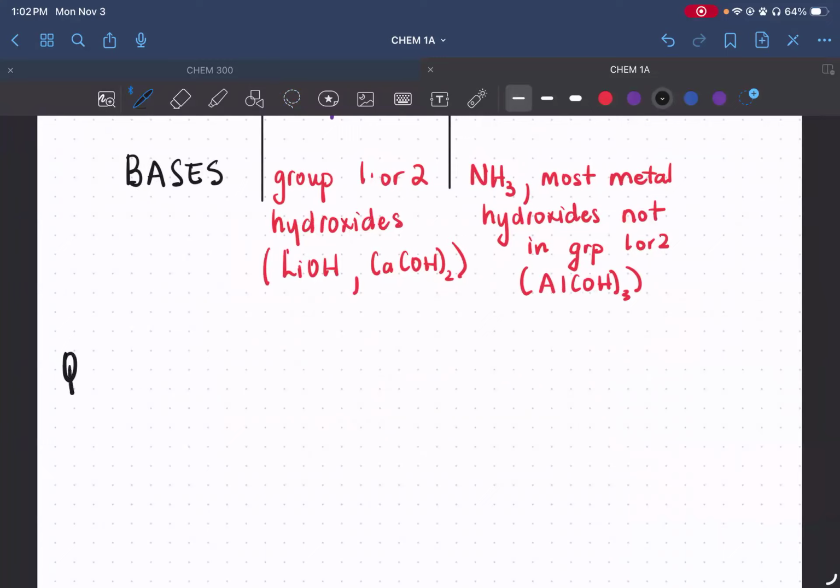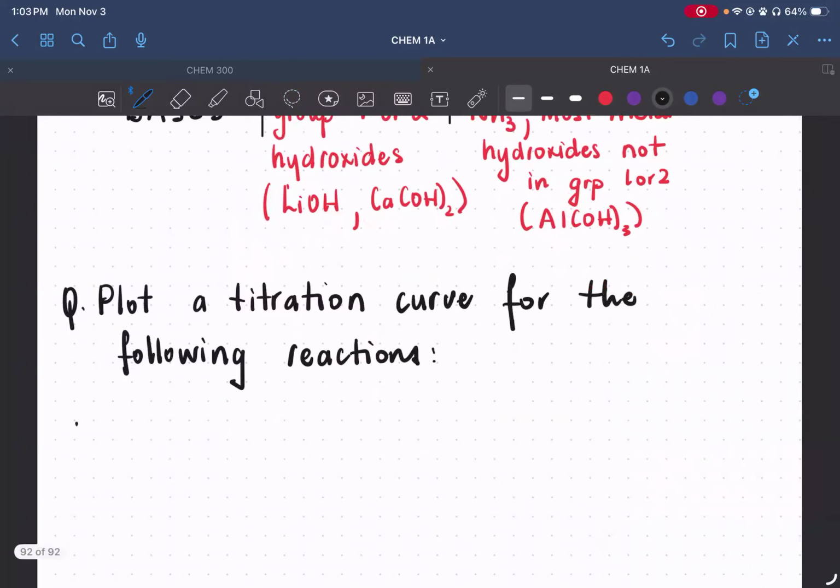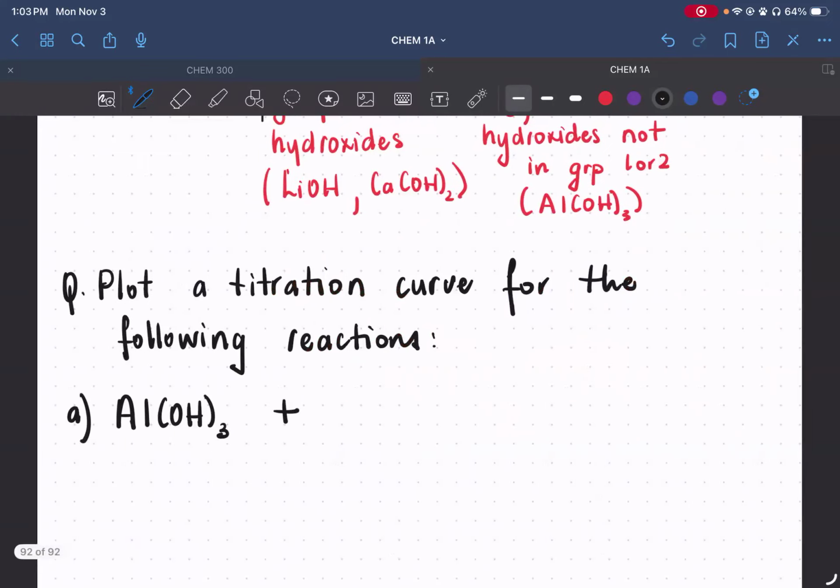Here are a couple questions. Plot a titration curve for the following reactions. First up is AlOH3 and HClO4.